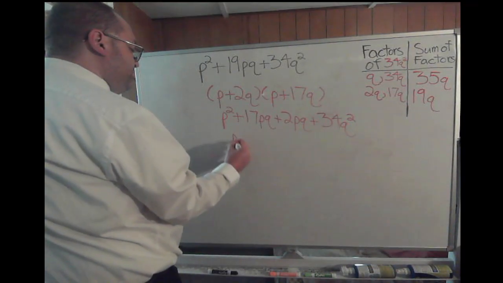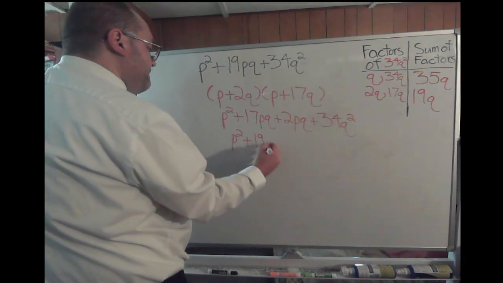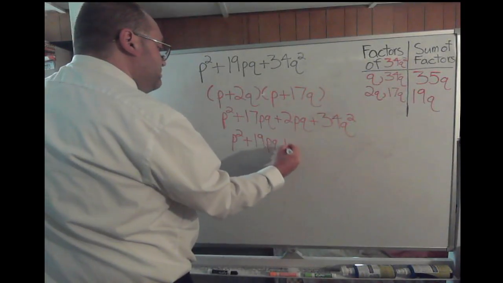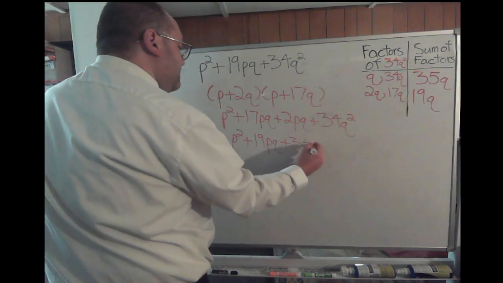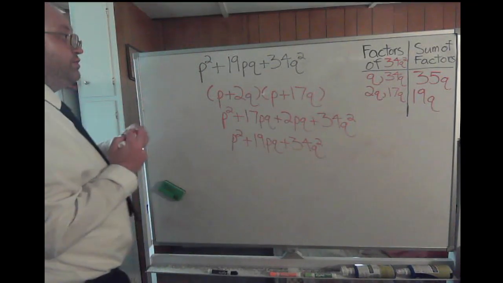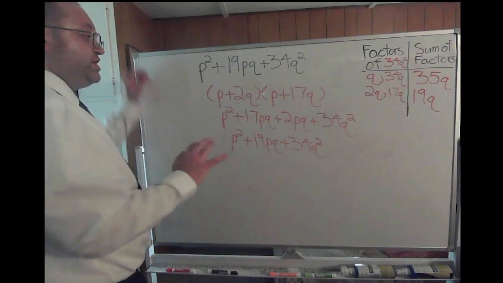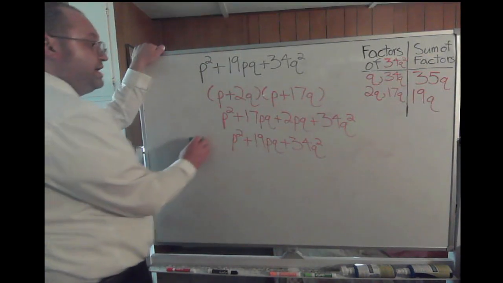Simplify this, you would get P squared plus 19PQ plus 34Q squared, which would give you your original quadratic equation right back. That's the goal. That's how you can check your work and see if you factored it correctly.